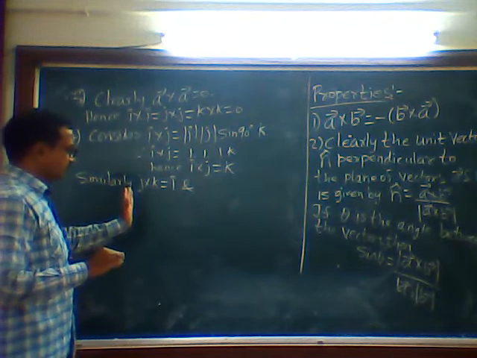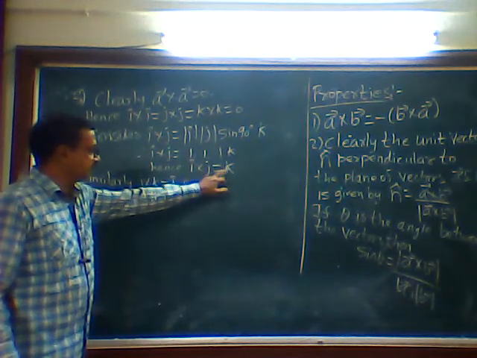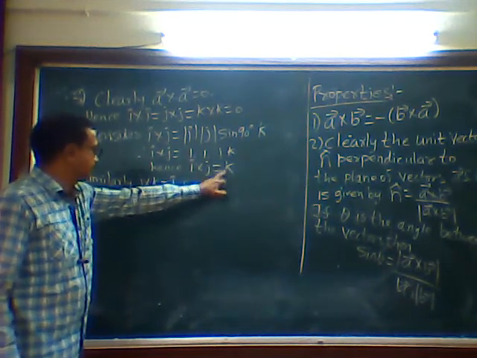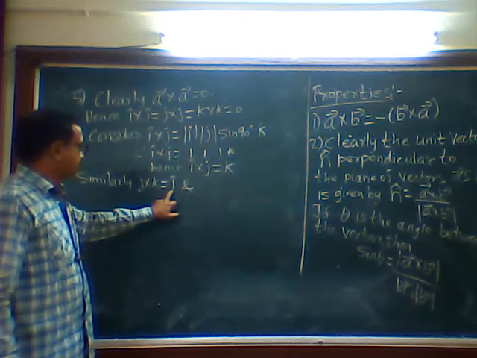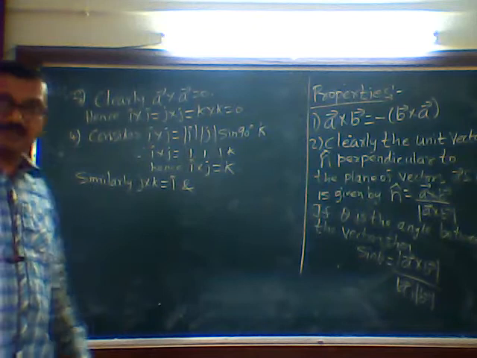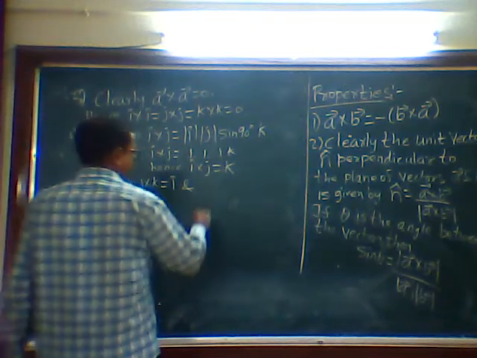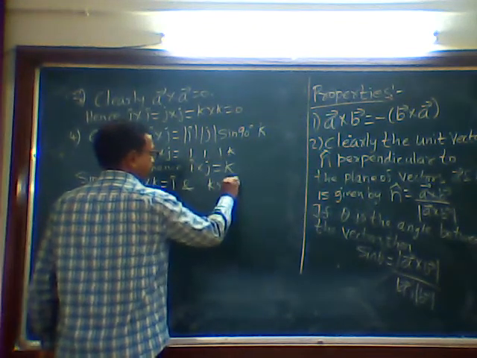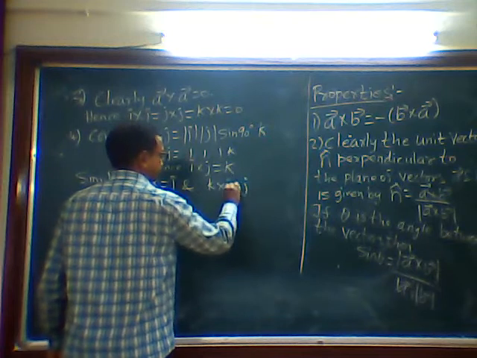Now i to j is k, then j into k is i. Next remaining is k into i, and k into i is equal to j.